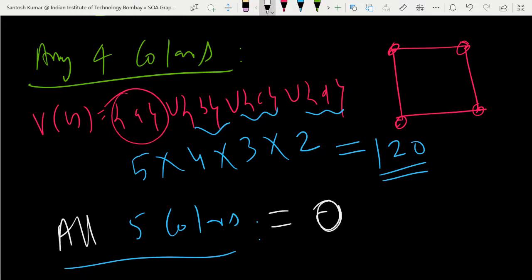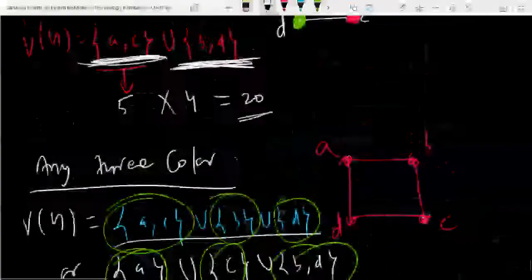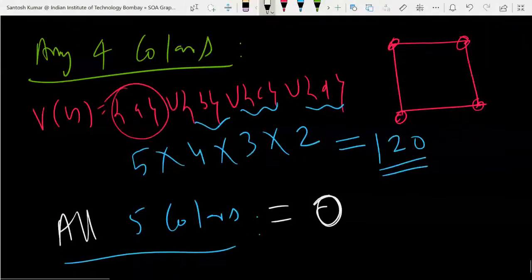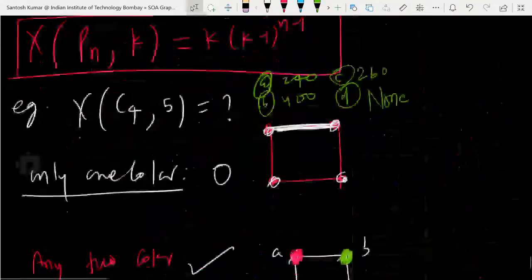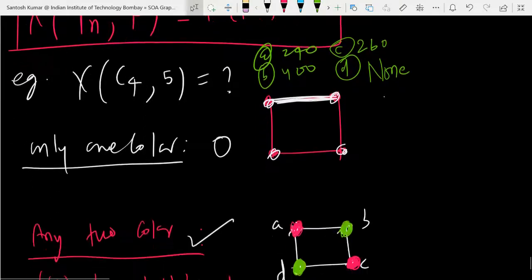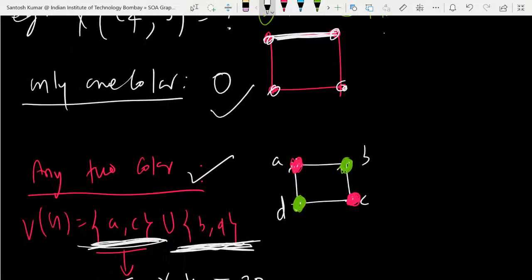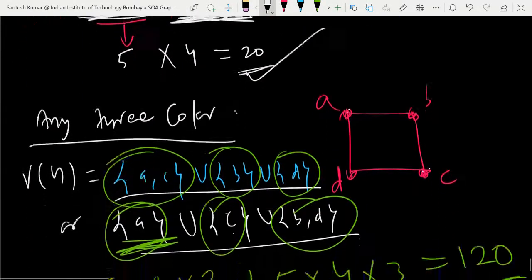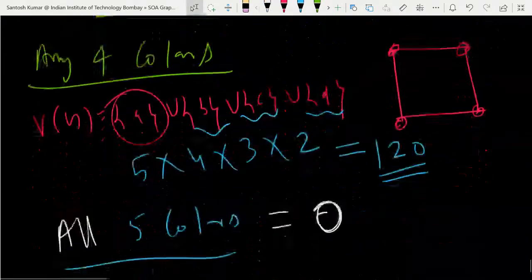In this case you will get zero, because you have only 4 vertices, and how can you use all 5 colors at the same time? So 0. Now total you can add, since we wanted the total number of proper colorings. So it was 0, then 120, then 120.